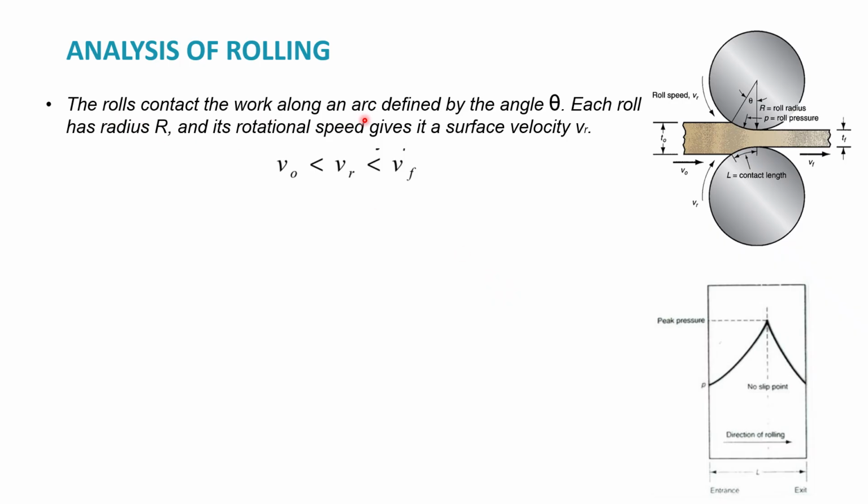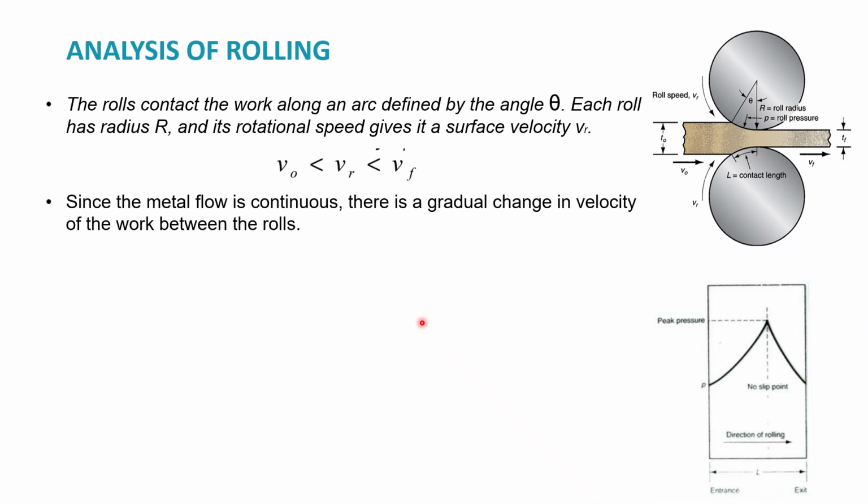The rolls contact the work along the arc defined by the angle theta, and each roll has a radius r. The radius of the roll is r, and its rotational speed is given as surface velocity v_r. It's more than the initial and less than the final velocity.